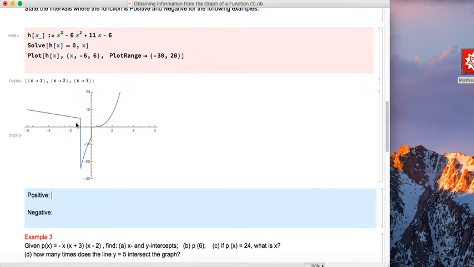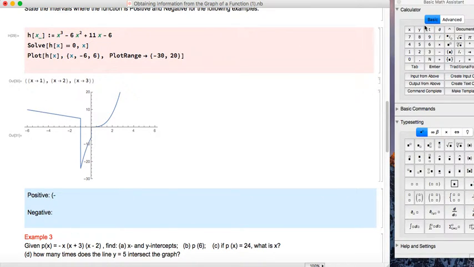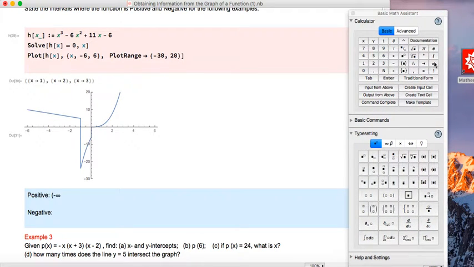The positive is when the graph is above the x-axis. So for the positive, the interval is from negative infinity to this value here, -1, and the union from 0 to positive infinity.